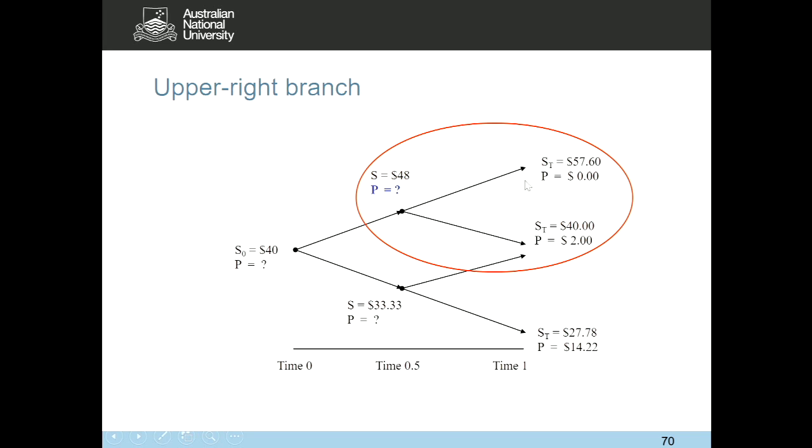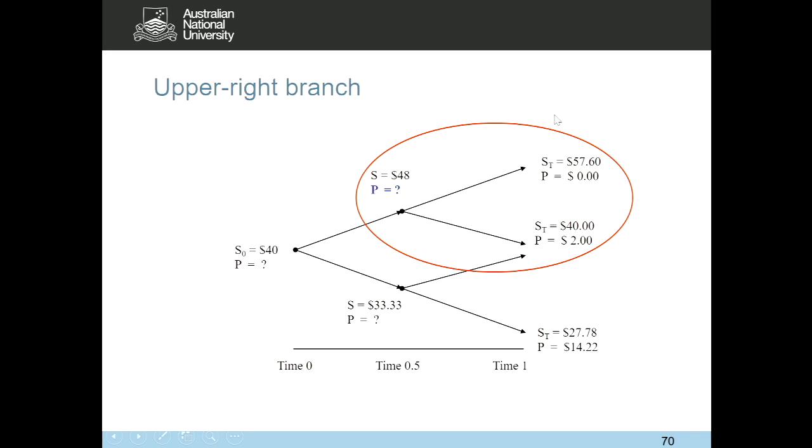Now, if the share price goes up to $57.60, we have an out-of-the-money put, and the put option finishes out of the money with a value of 0. We know the probability of the share price going up is 59.44%, and there is a 40.56% chance the share price will go down. If the share price goes down to $40, then we have an in-the-money put option, and exercising the put option will lead to a payoff of $2.